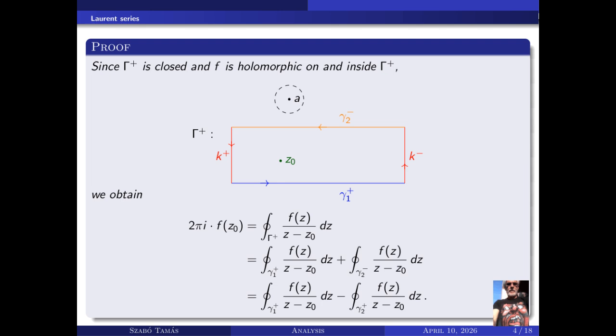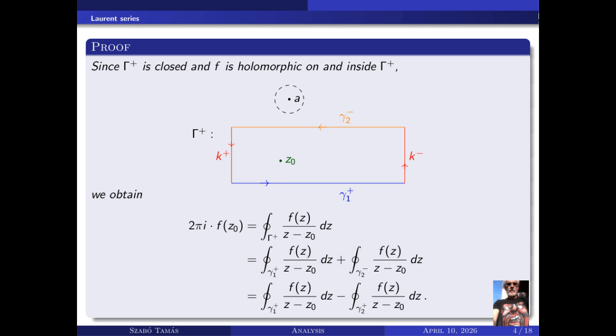Since reversing orientation changes the sign, this is equal to the contour integral over gamma 1 plus of f of z over z minus z0 dz minus the contour integral over gamma 2 plus of f of z over z minus z0 dz.